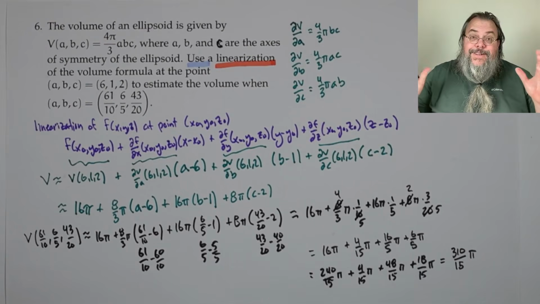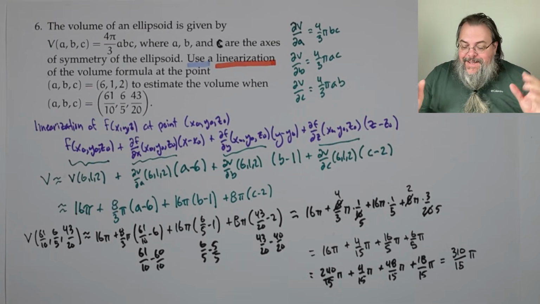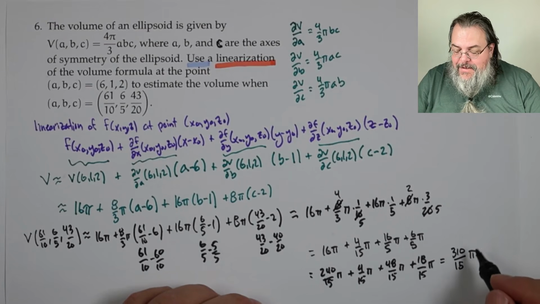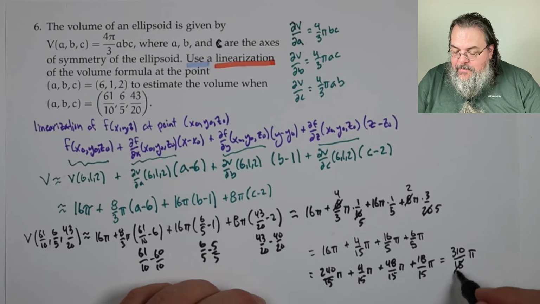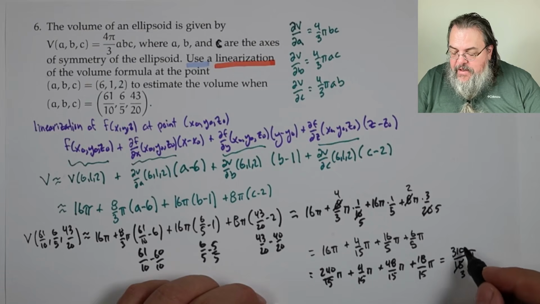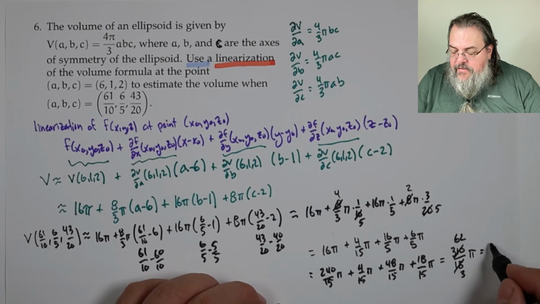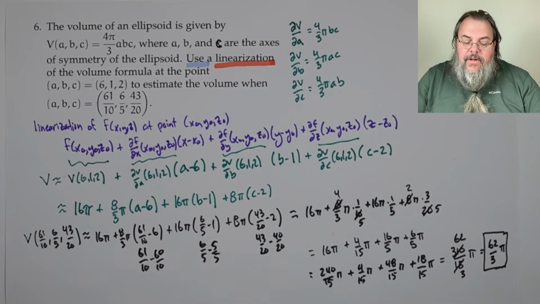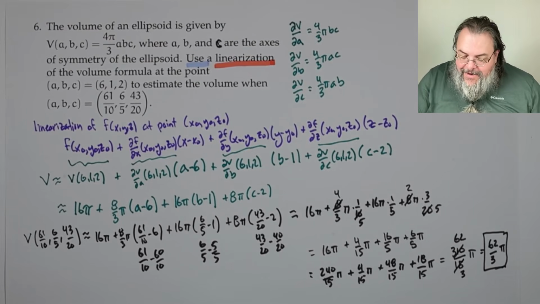But we can simplify that, because these have factors of 5 in common, right? So if we pull out a 5, that makes a 3 downstairs, and here that makes 62. So this gives us 62 thirds pi. Whew! Done.